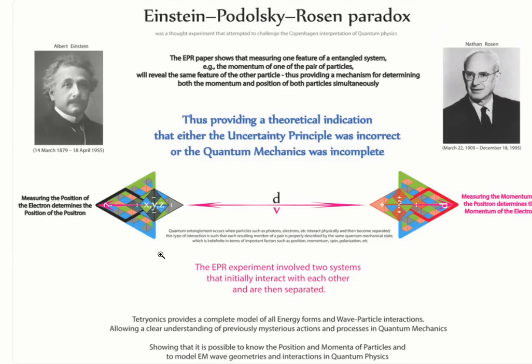Bringing us back to our final quick discussions on the EPR paradox, Einstein, Podolsky and Rosen formulated a thought experiment, probably best part of 60 or 70 years ago now, where against Heisenberg's uncertainty principle, which says that you can't know the position and the momentum of any particle at any time, they proposed the following experiment.